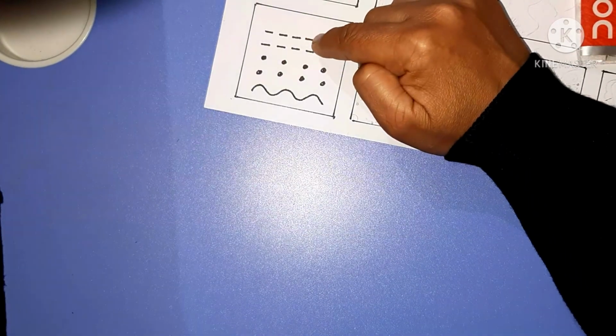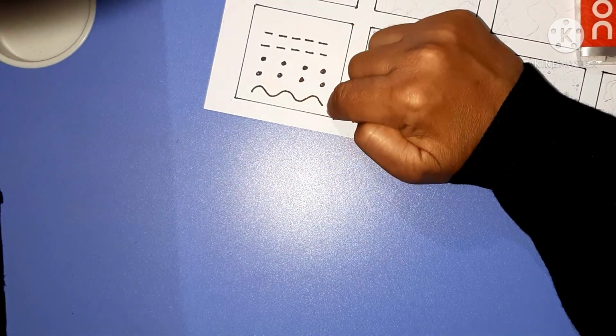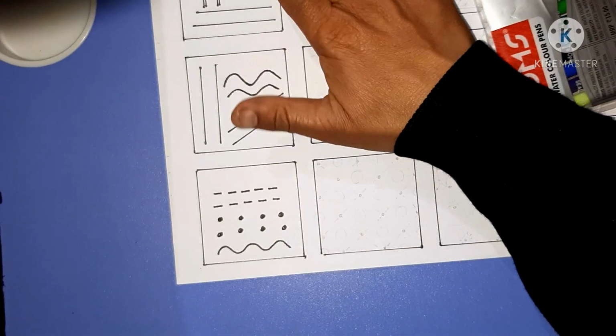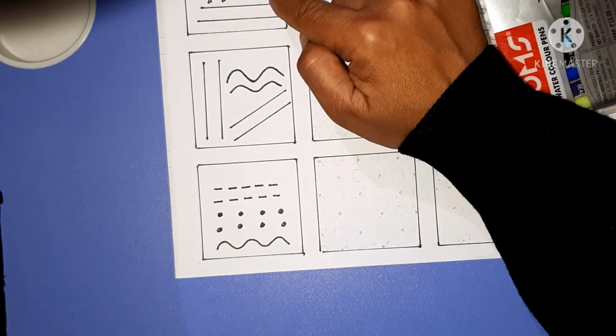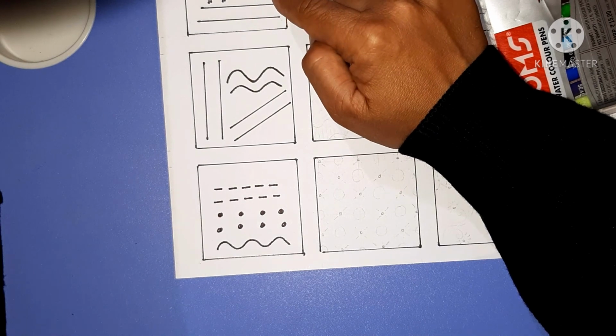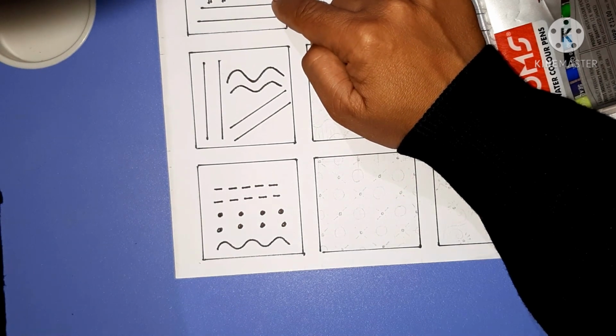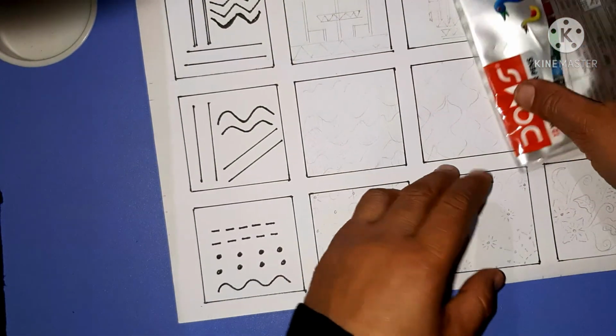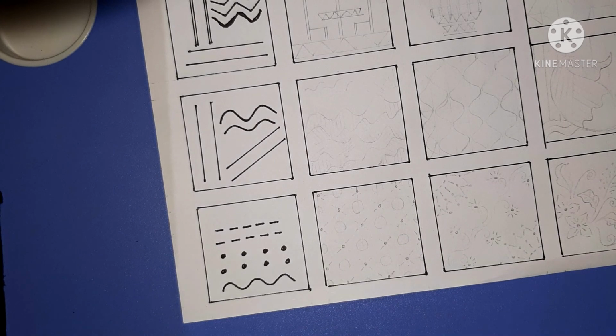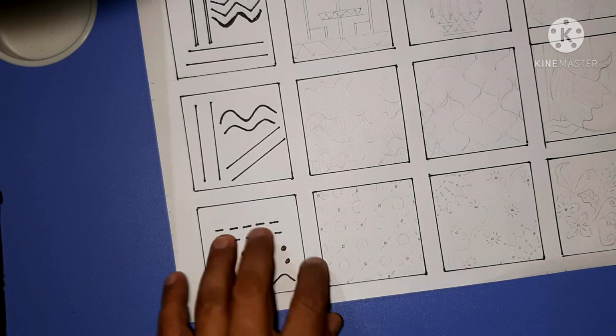In the third category, it would be the broken line, dots, and the wavy line. Otherwise we can compose the designs using any of these lines, but I'm doing this purposely so that you have to think to create the design. The foundation always comes with creativity, always comes with new ideas, always leads you towards thinking, right? So now we'll be using these three lines, and according to these categories we'll be making the design.